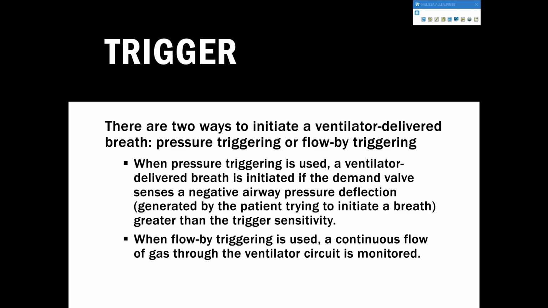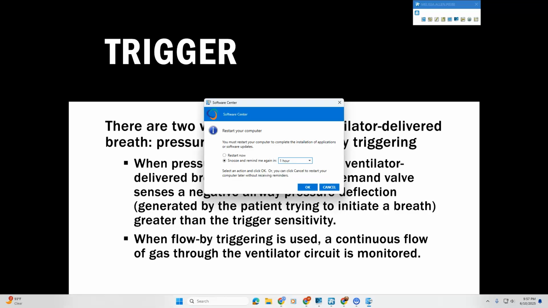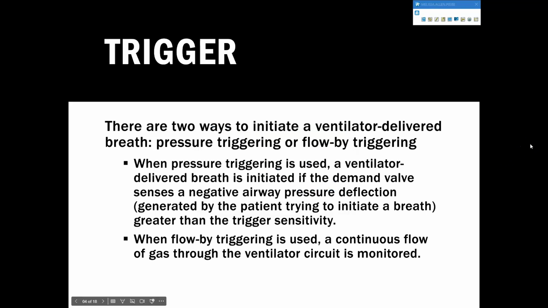The main reason we need to do that is for leaks, like when we have trach patients. Now think about it, we're bypassing a lot of that artificial airway with our trach, right? We have a much less artificial airway, and therefore they are able to trigger more easily. And so generally start all your trach patients on -2 pressure.